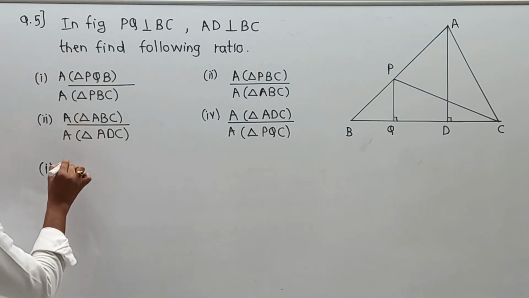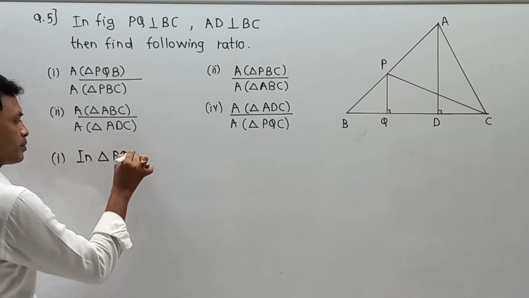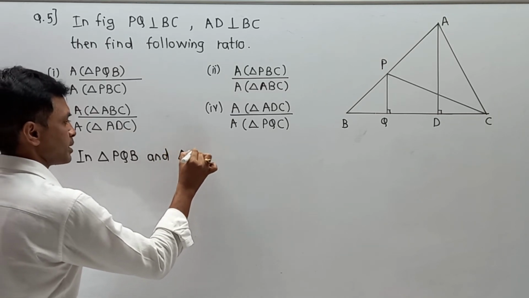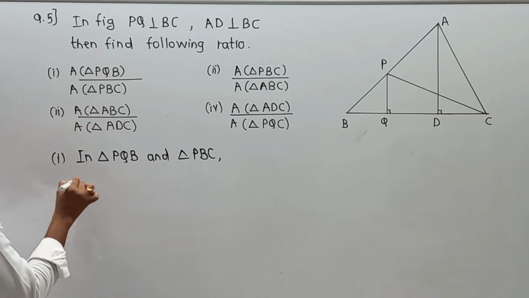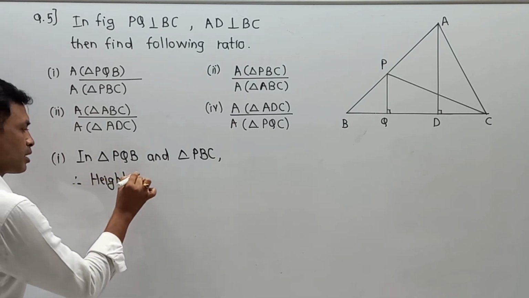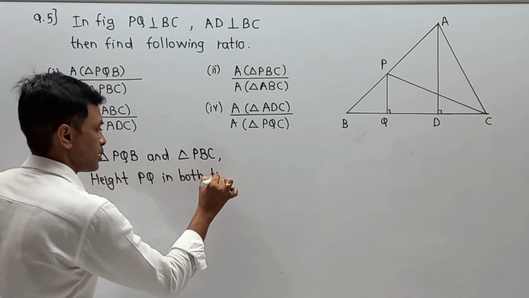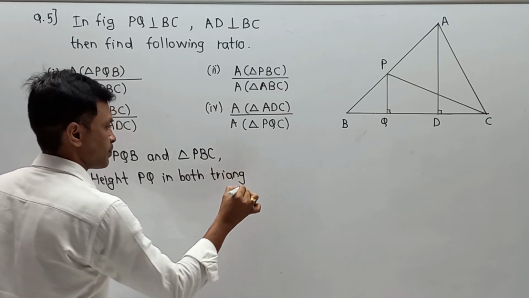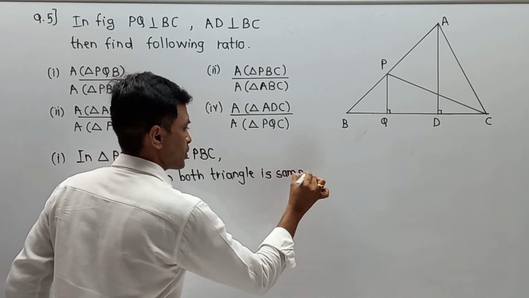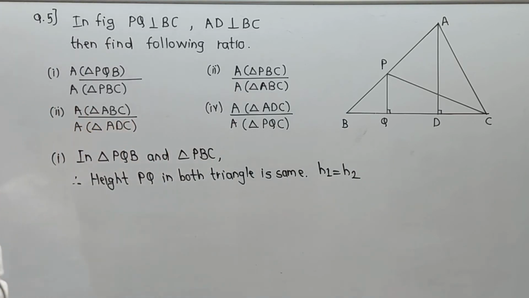That part I am going to explain over here. In triangle PQB and in triangle PBC, the height PQ in both triangles is the same, or you can say the height of the first triangle is exactly equal to the height of the second triangle.